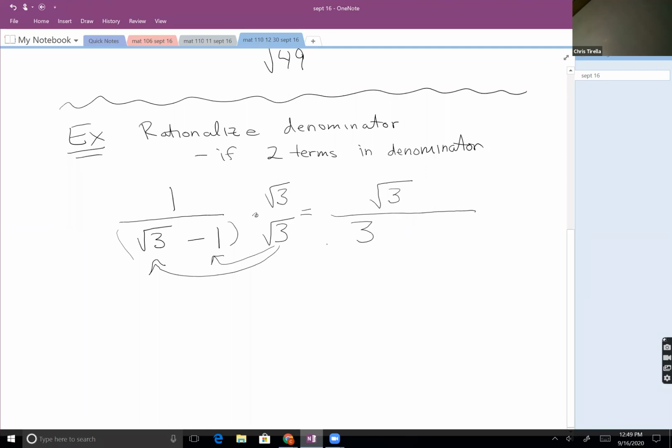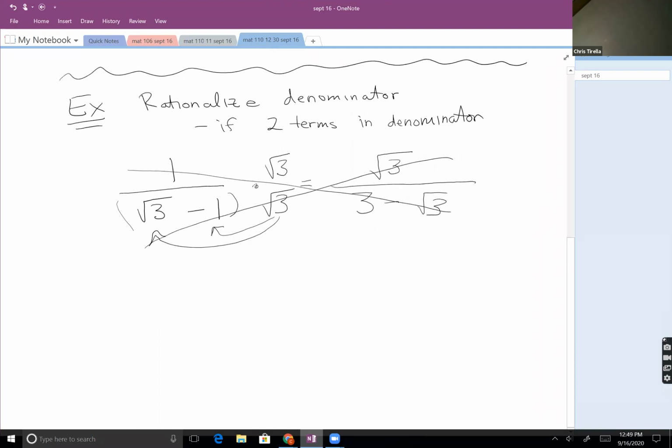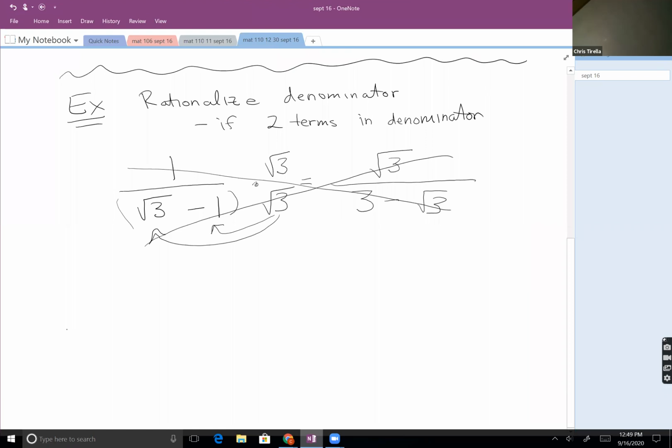So that's out of the radical. But over here, when I take radical 3 times 1, don't I still have a radical left? And so that's not going to work. We can't just multiply numerator and denominator by a single radical. Instead, we have to introduce an idea that's called the conjugate, and we're going to look at conjugate pairs.